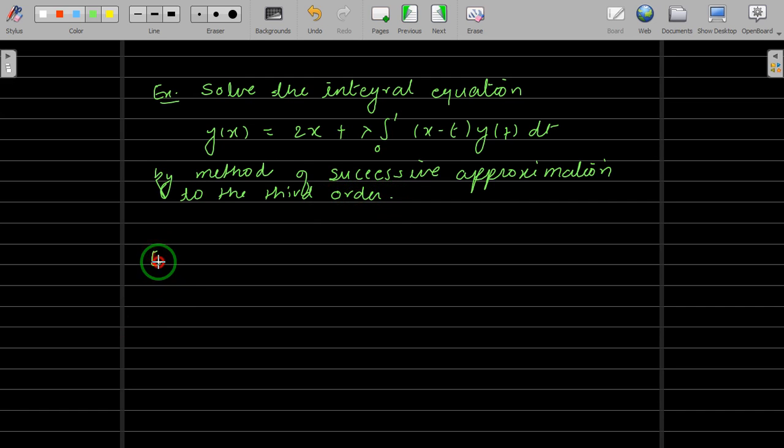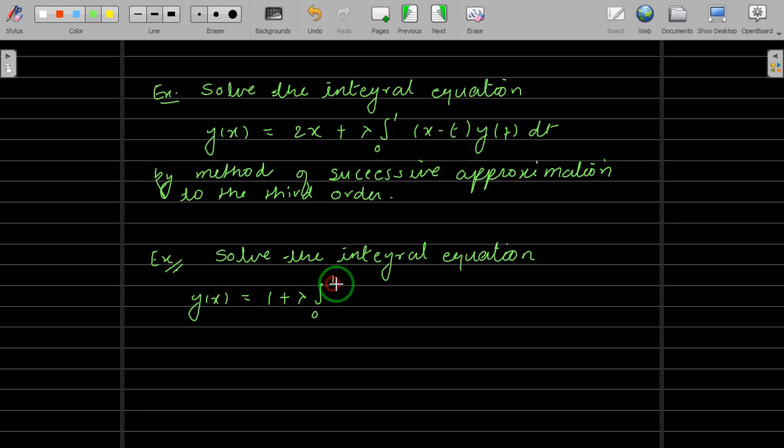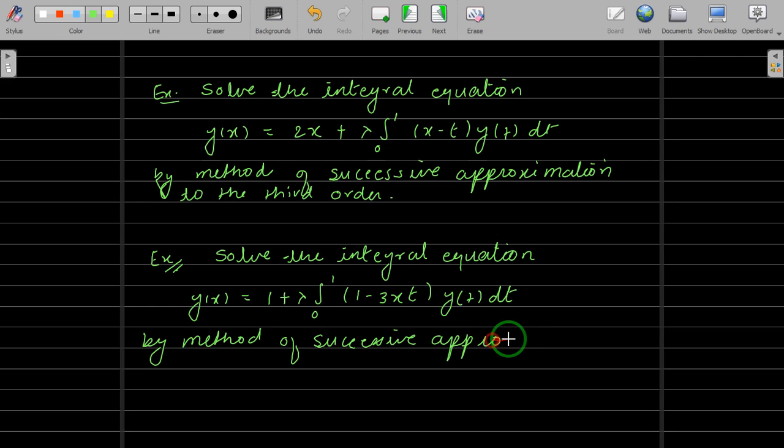And last, solve the integral equation y(x) equals 1 plus lambda integral 0 to 1 of (1 minus 3xt) y(t) dt by the method of successive approximations to the third order.